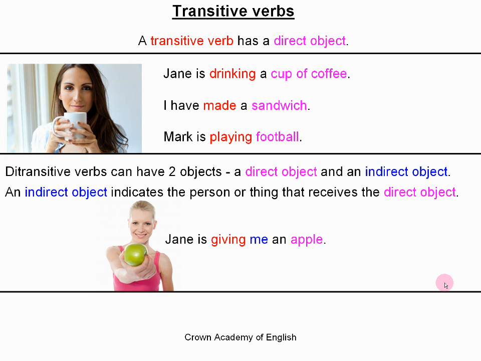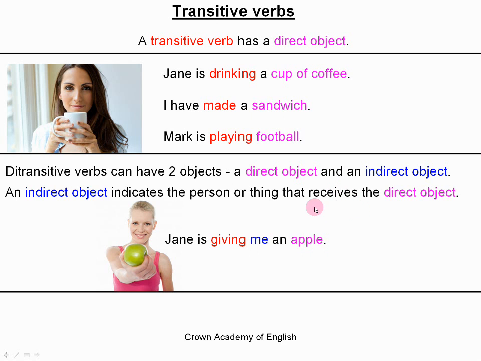Jane is giving me an apple. So let's first of all identify the direct object with our test question. Jane is giving what? Well, the answer is apple. Jane is giving an apple. So apple is the direct object. Okay?